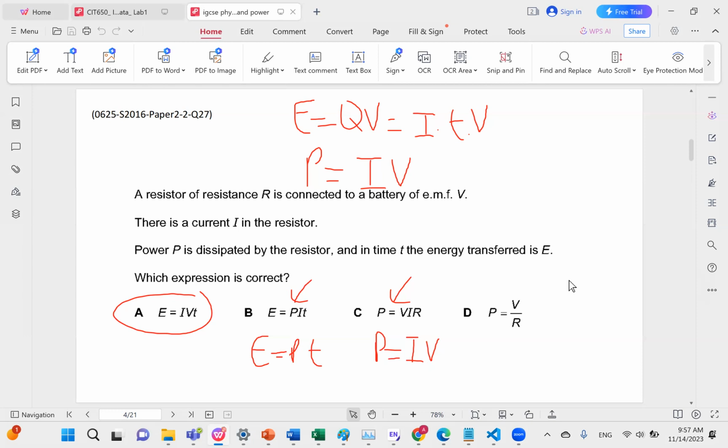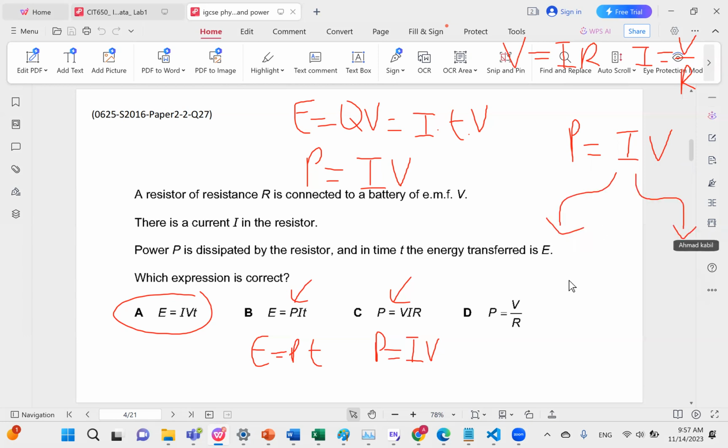So let's just take this chance to understand how to express power in terms of resistance. So we said that P is equal to IV. And we know from previous videos that V is equal to IR, or I is equal to V over R. So we can rewrite this equation in two formats.